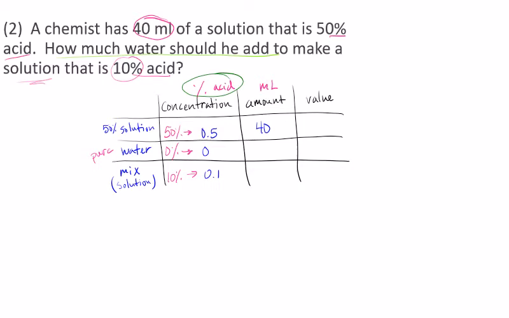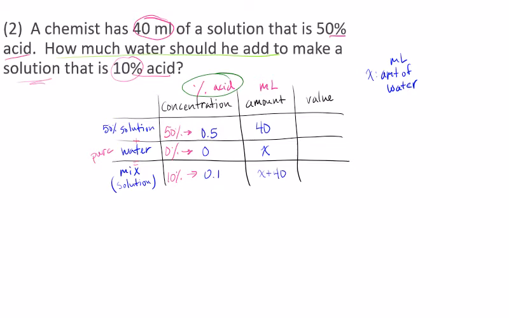So I'm going to call that X, the amount of water, H2O, in milliliters. And what do you think our mix is going to be? Remember that if we add our components, we get our mixture, our solution. So in this case, it's going to be X plus 40 or 40 plus X.